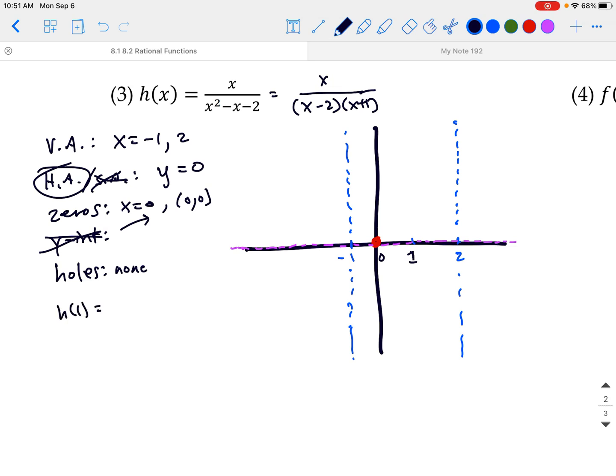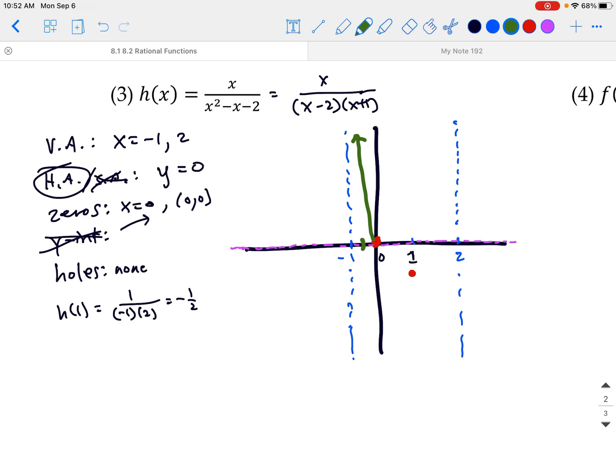So if I do h of 1, it's going to be 1 over negative 1 times 2, so we get negative 1/2. All right, so we're going to get some value down here. So that's actually going to be enough information because we know in between we're going to be approaching our asymptotes. So to the left of 0, we're going to be getting larger.